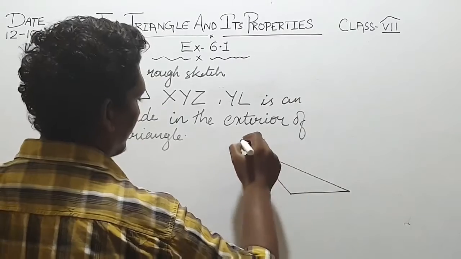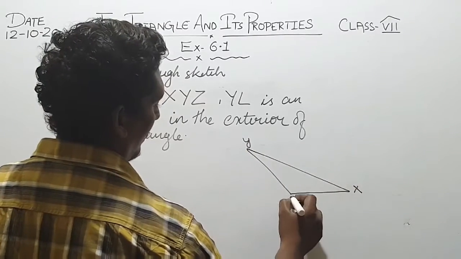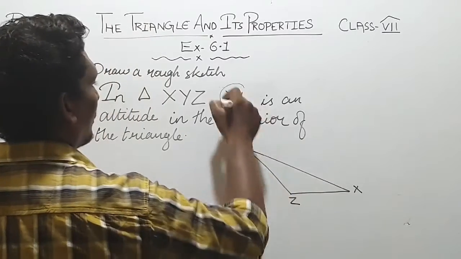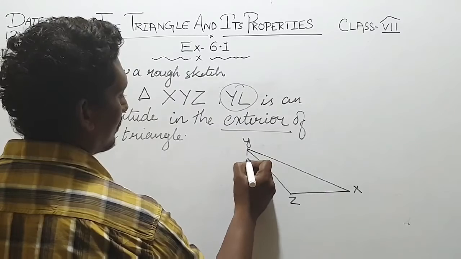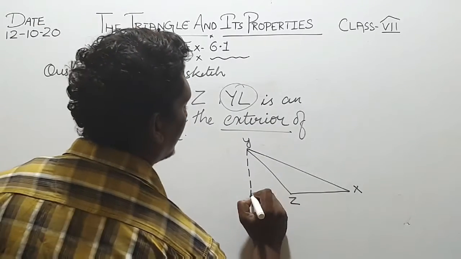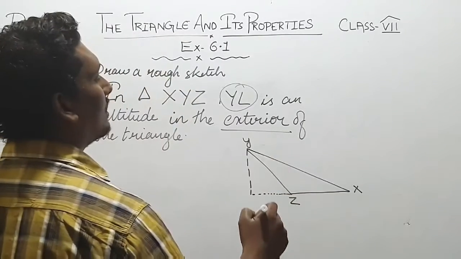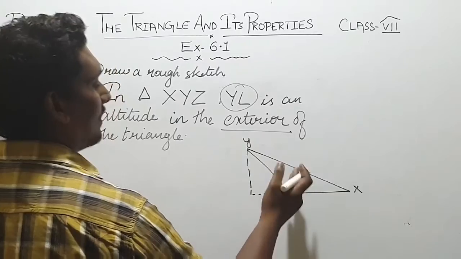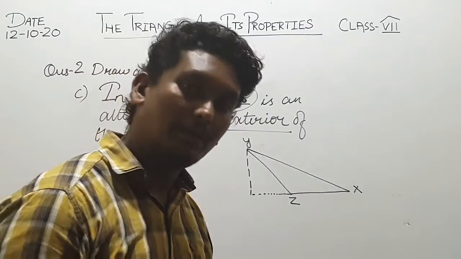This is Y, this is X, and this is Z. We are talking about exterior, and YL should be the altitude, so it will be coming like this. This is the altitude from the exterior, outside the triangle. Let's go through it.